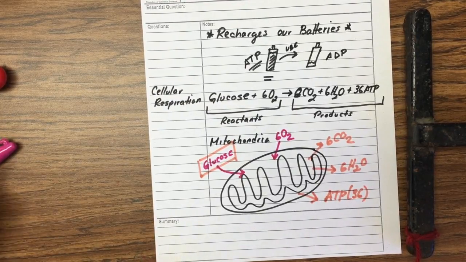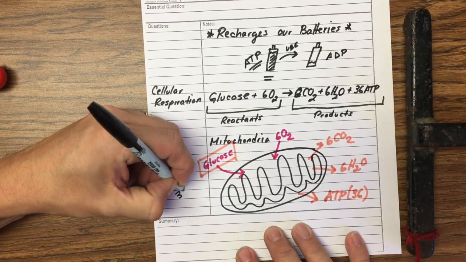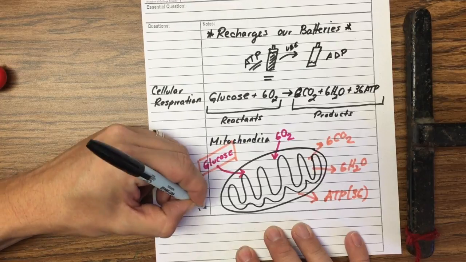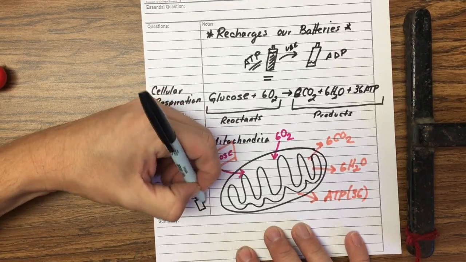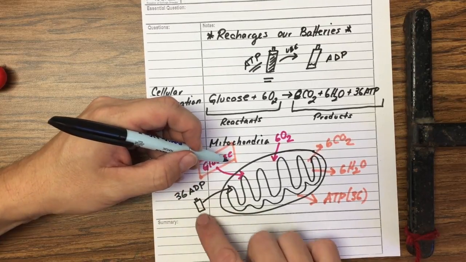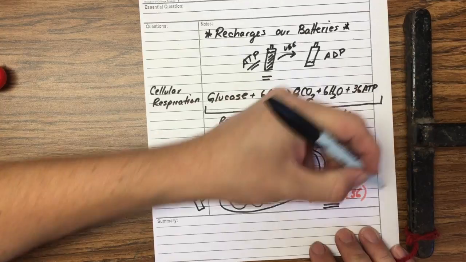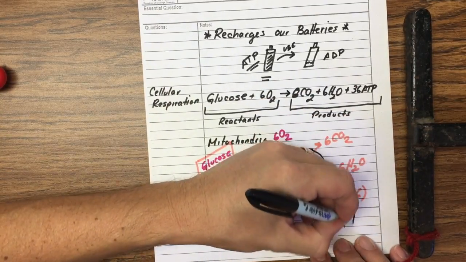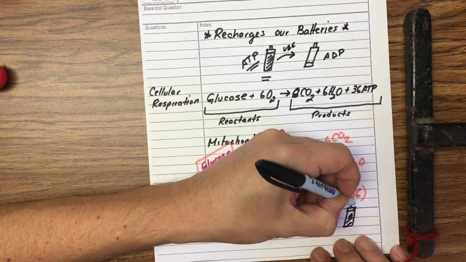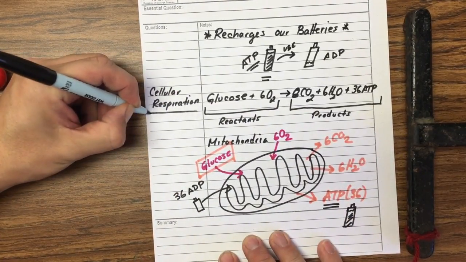Also remember, the 36 ADP, which are the batteries that have been used up, the uncharged batteries, also go in because these are the batteries that are going to get recharged. When those batteries get recharged, they get a new name, ATP. Think of it like they're fully charged. This process is called cellular respiration.